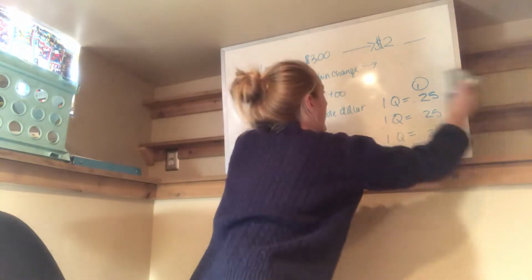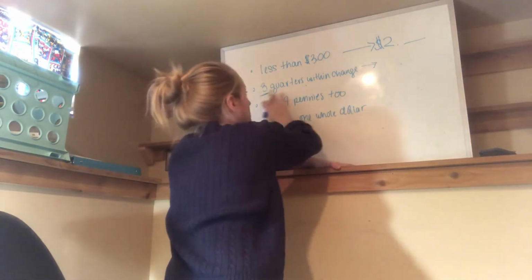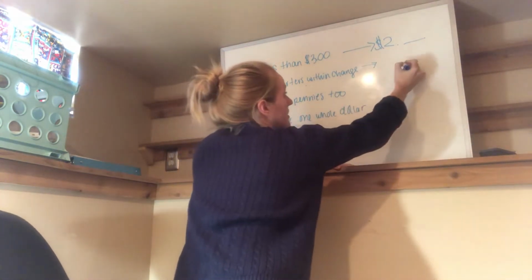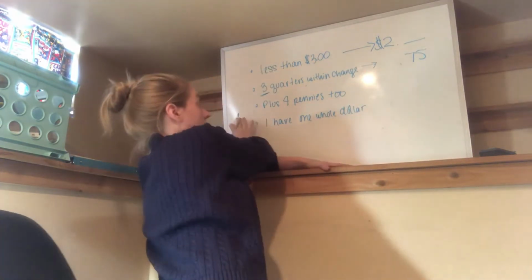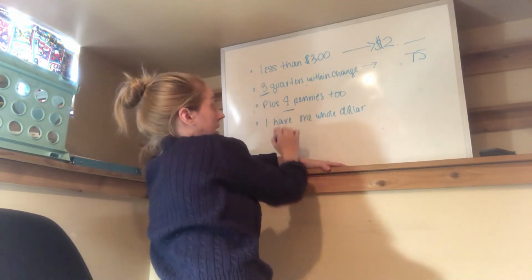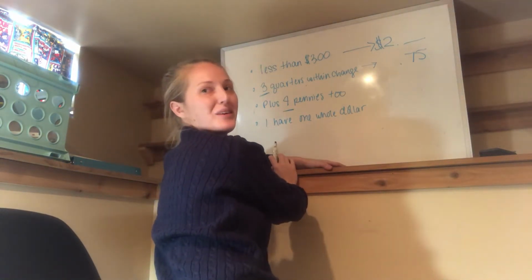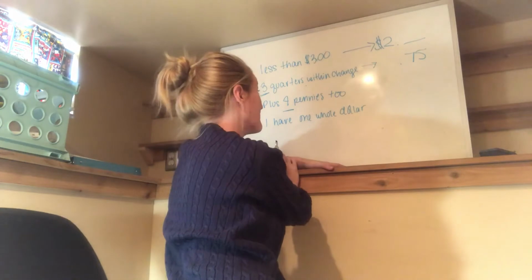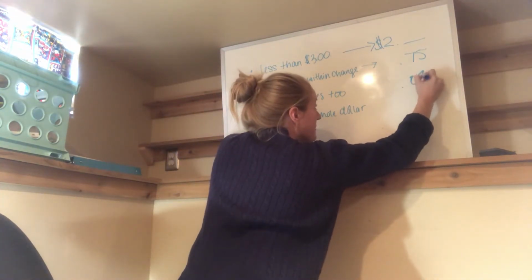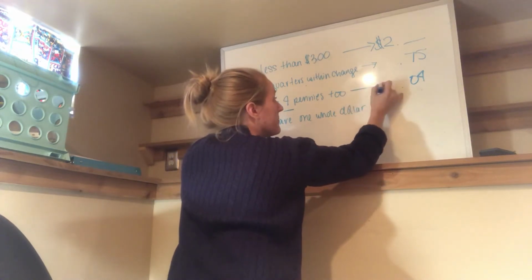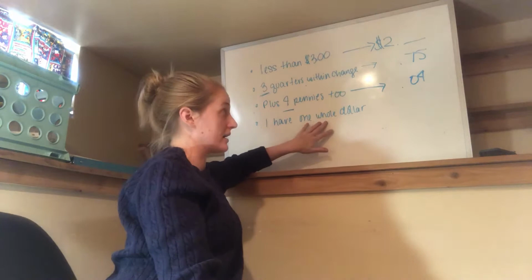So we can add that to our 3/4 within our change, which is 75 cents. But our next point says plus 4 pennies too. Class, how much is 1 penny worth? 1. Good job. So 4 pennies is going to be 4 cents. And then the last one here says I have 1 whole dollar.